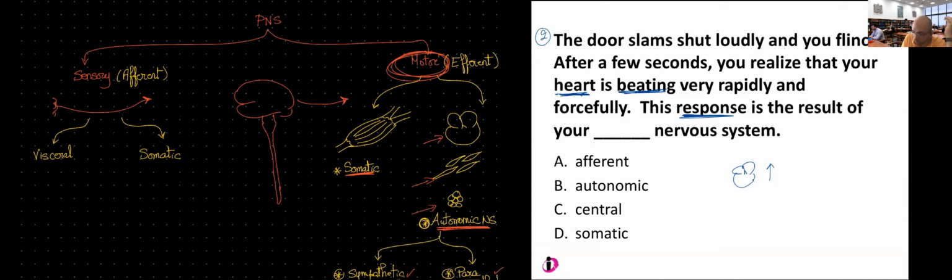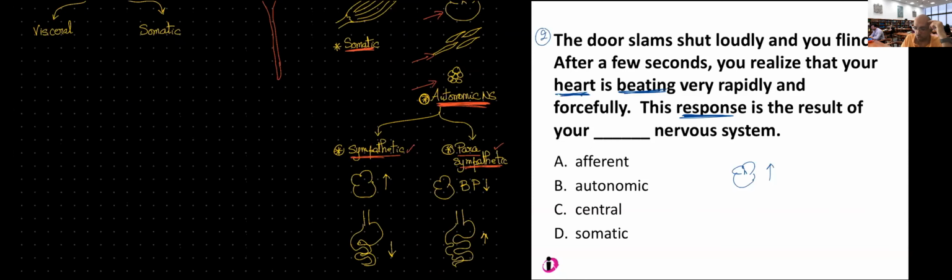So what part of the nervous system is going to be responsible for this? It's going to be the autonomic nervous system. And which part of the autonomic nervous system is the one that would increase my heart rate, sympathetic or parasympathetic? Sympathetic.